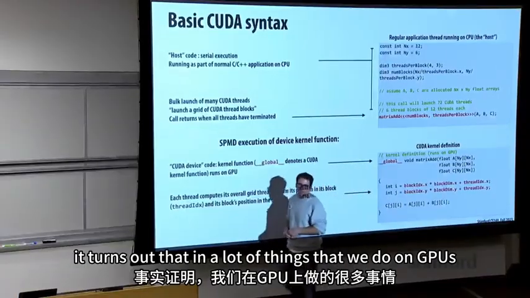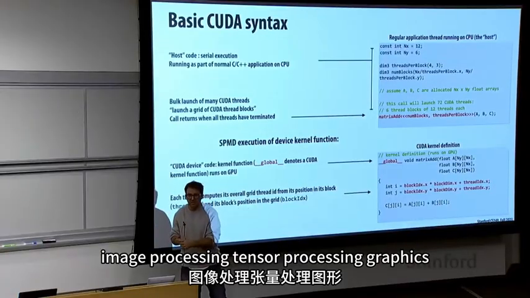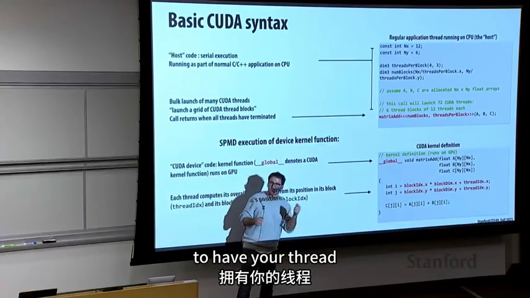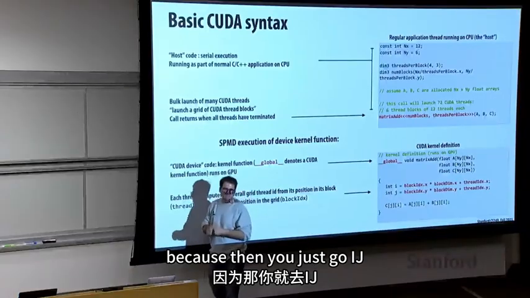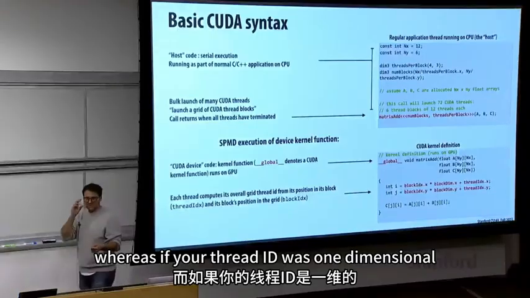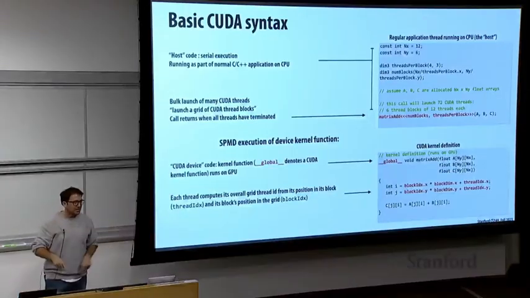It turns out that in a lot of things that we do on GPUs, image processing, tensor processing, graphics, it can be helpful to have your thread ID be two-dimensional, because then you just go IJ. Whereas if your thread ID was one-dimensional and you had to compute your location in an ND tensor, there would be a lot of divides.